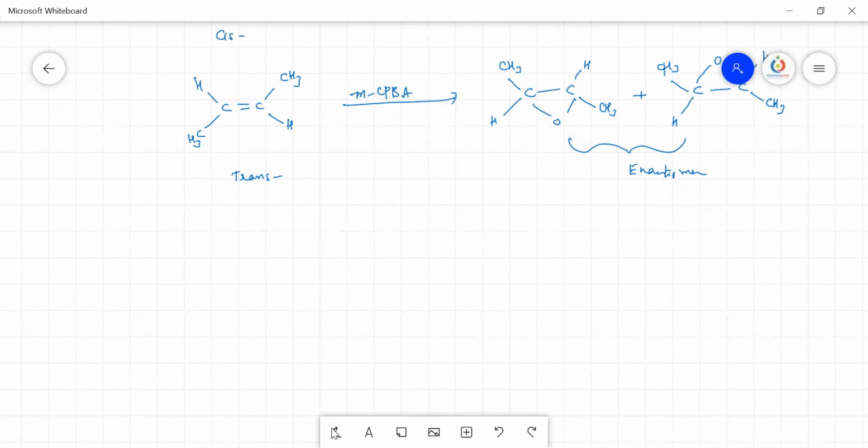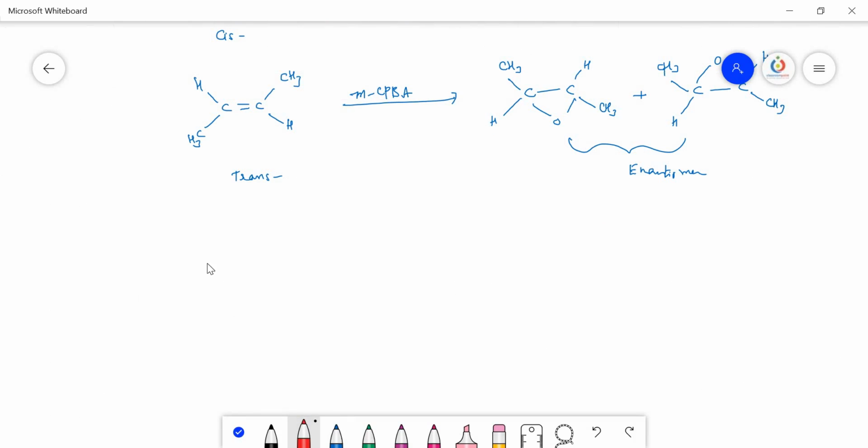So I'll write here what we already gave in our previous classes. Cis alkene plus cis addition, or else we generally call it syn addition, gives a meso compound. Trans alkene plus anti-addition gives a meso compound.